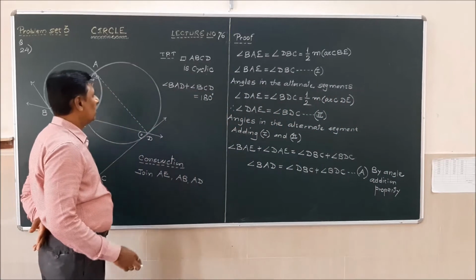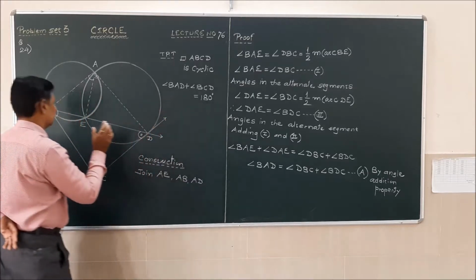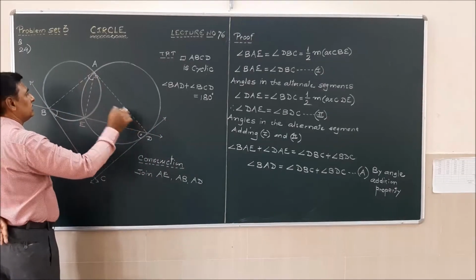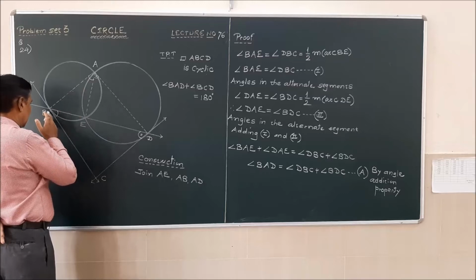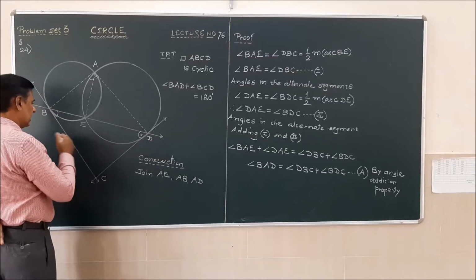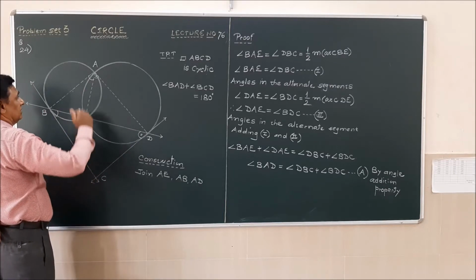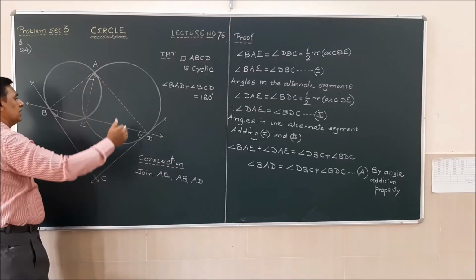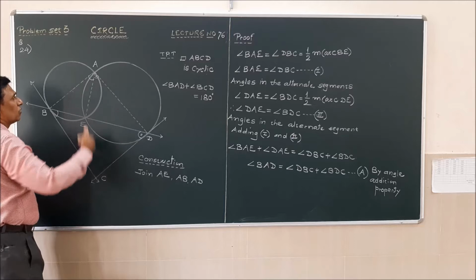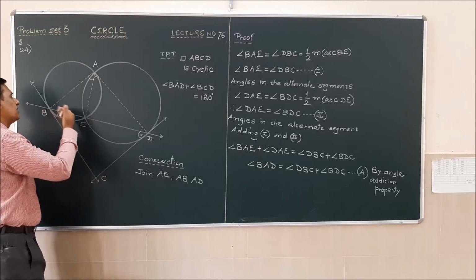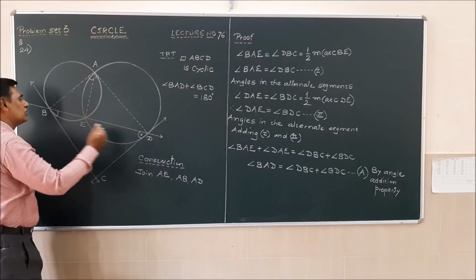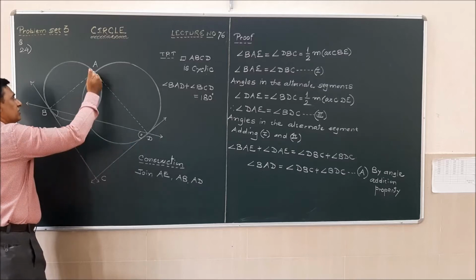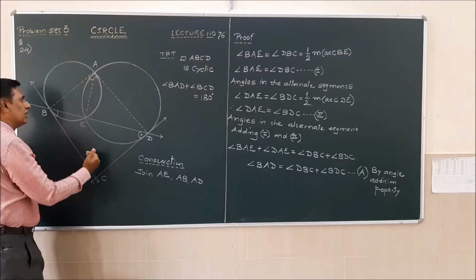Now look here. With BAD, I have to take BCD. If I get a result in such a manner that BAD plus BCD is equal to 180, then naturally I claim that opposite angles of this quadrilateral are supplementary.